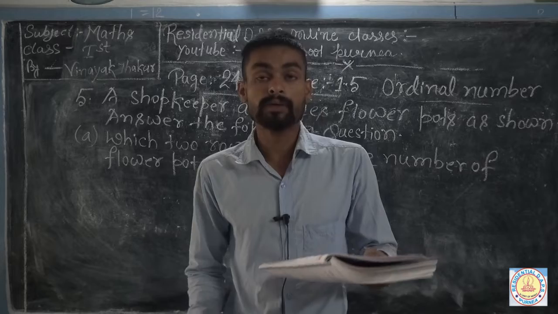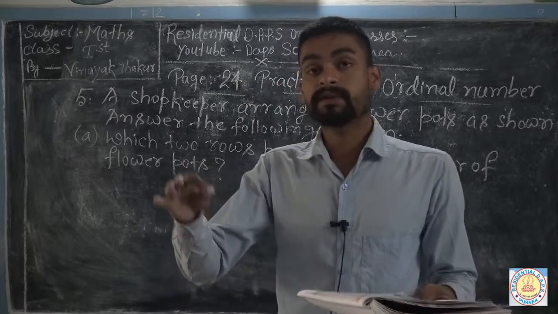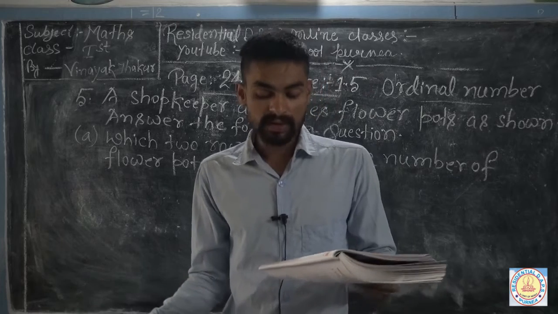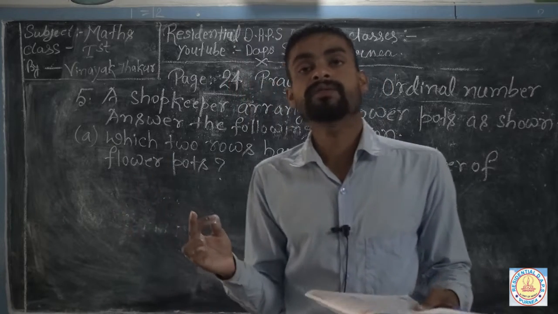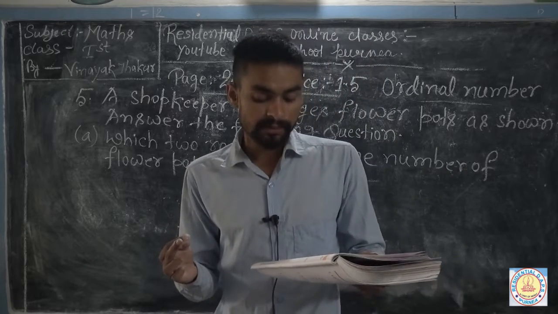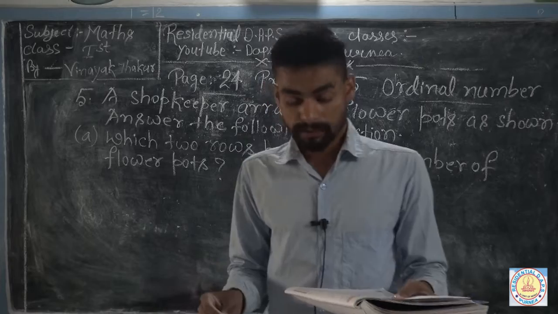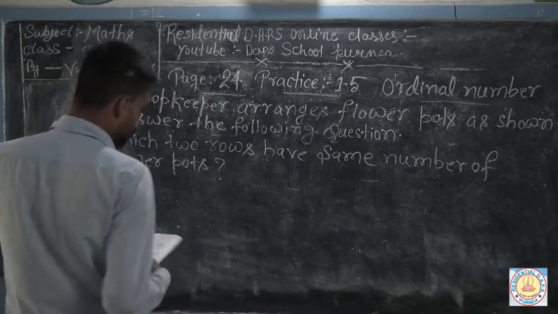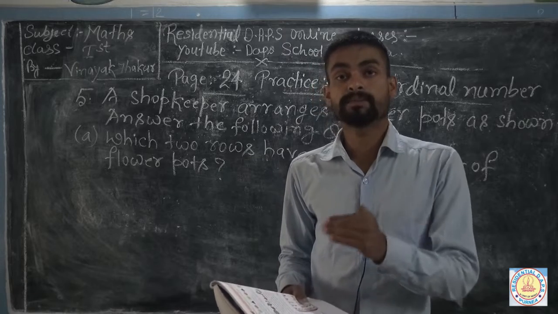In your second row 3 flower pots are put, and after the second row, this is your third row, in which just one flower pot is put. After the third comes your fourth row, where you first put the position of the pots.